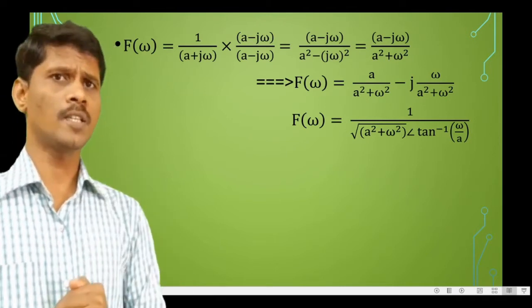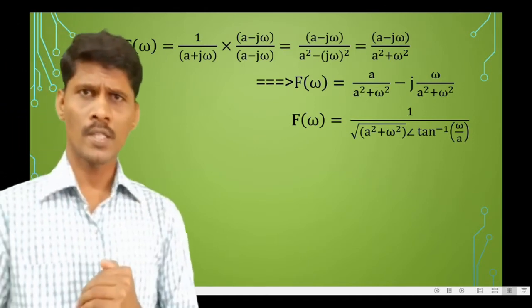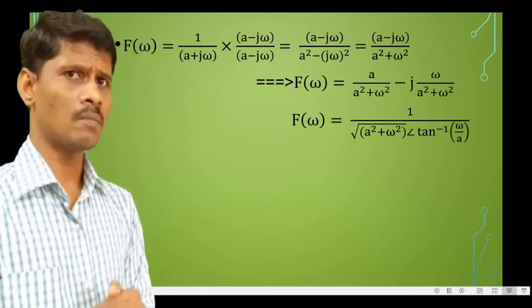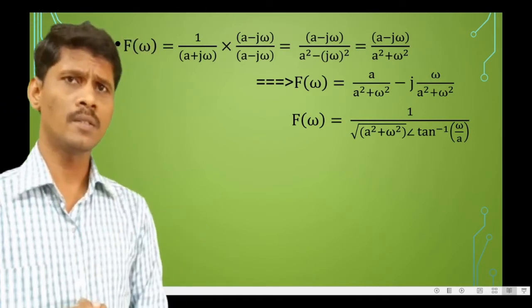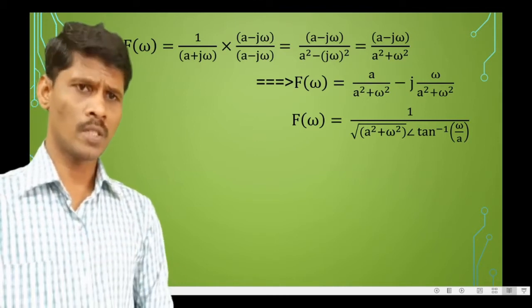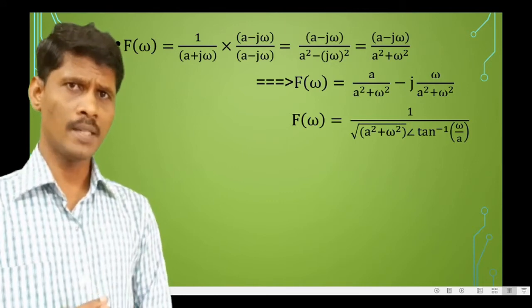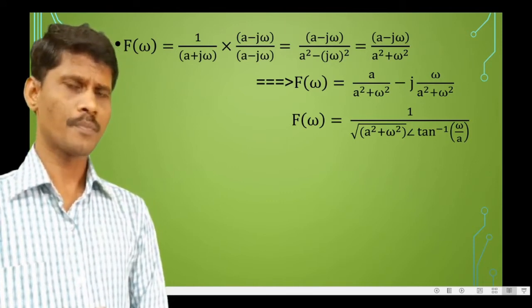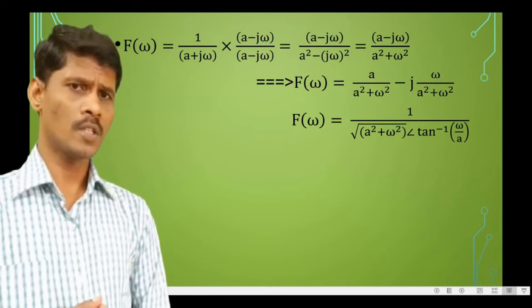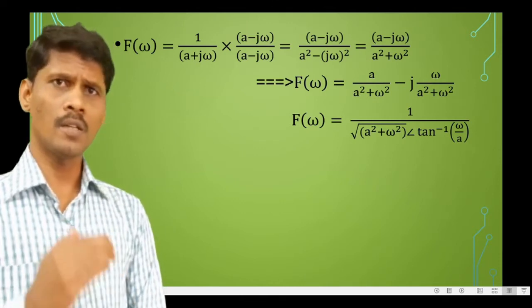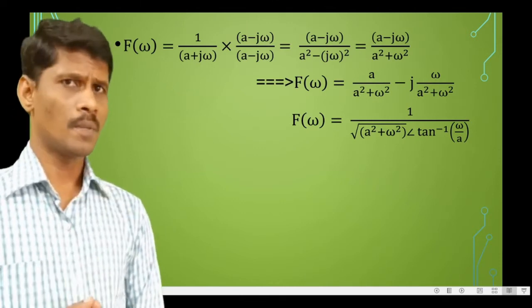Numerator and denominator a square plus omega square is cancelled, and what is the remaining term? Tan inverse of minus omega by a. Okay, that is one procedure we can determine magnitude and phase angle from 1 by a plus j omega.